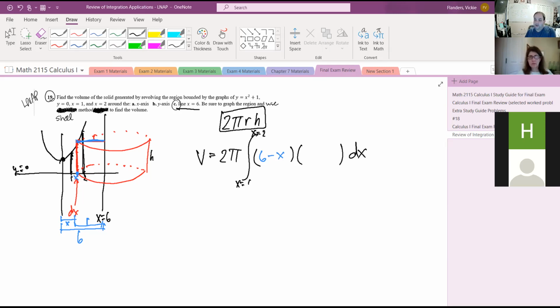And then notice the height is going to be from the x-axis up to the function. That's my height right there, right? My height is basically my function of x. Well, we already know what that is. That's x squared plus 1.